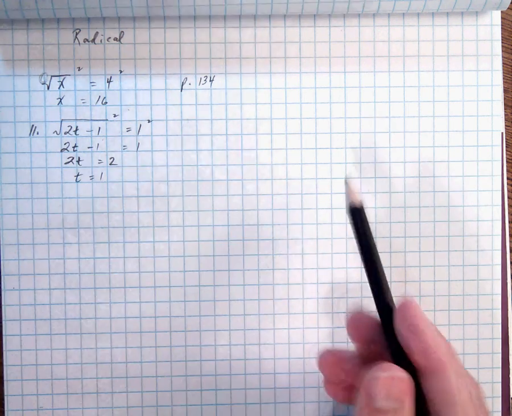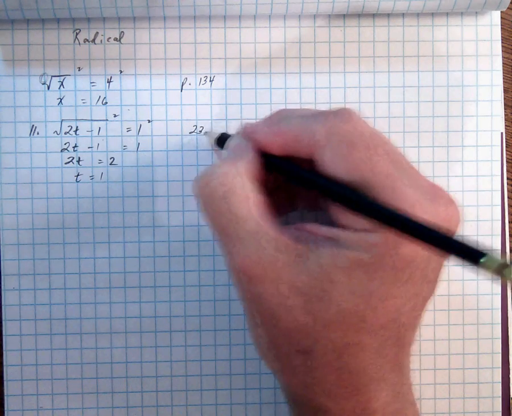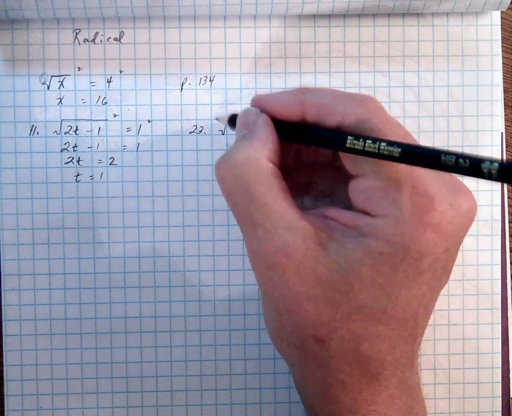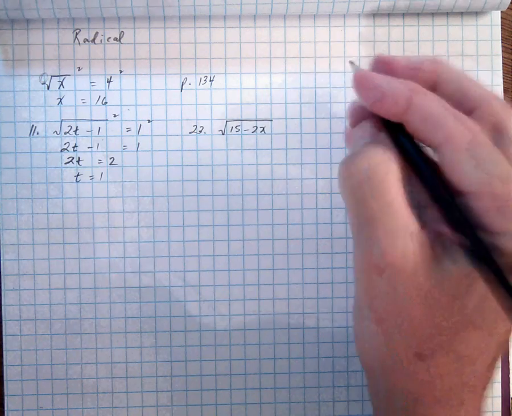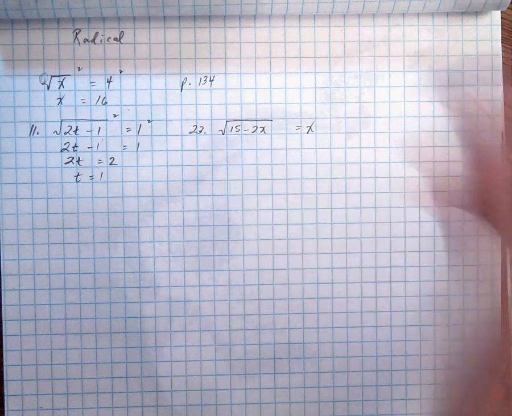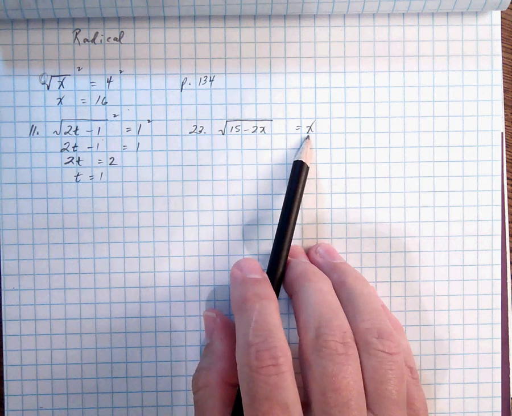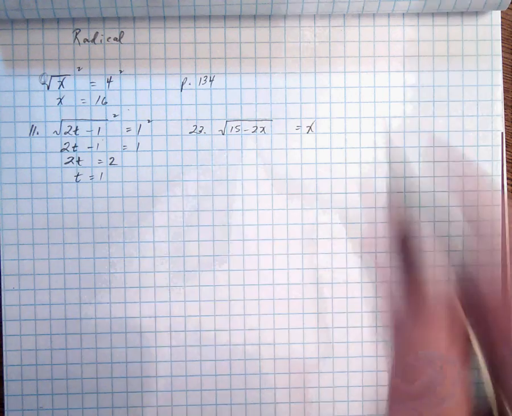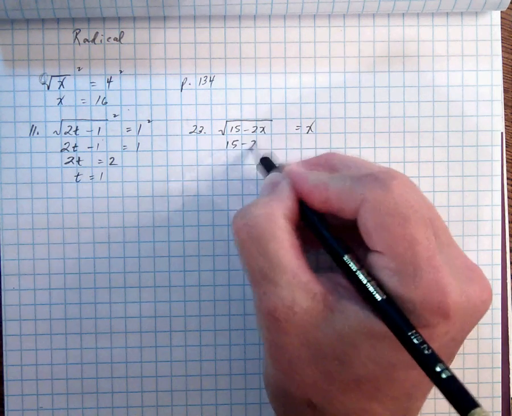Alright, number 23. Square root of 15 minus 2x equals x. Okay, so I've got a radical over here and an expression over here. The idea is you've got to get rid of the radicals to solve. So I need to square both sides. When I square this side, I get 15 minus 2x.